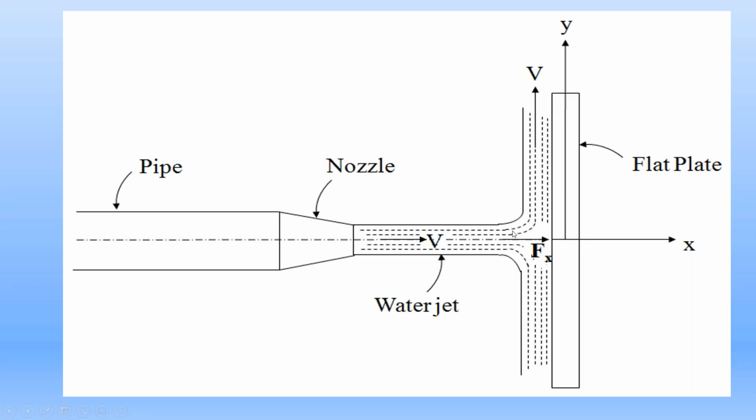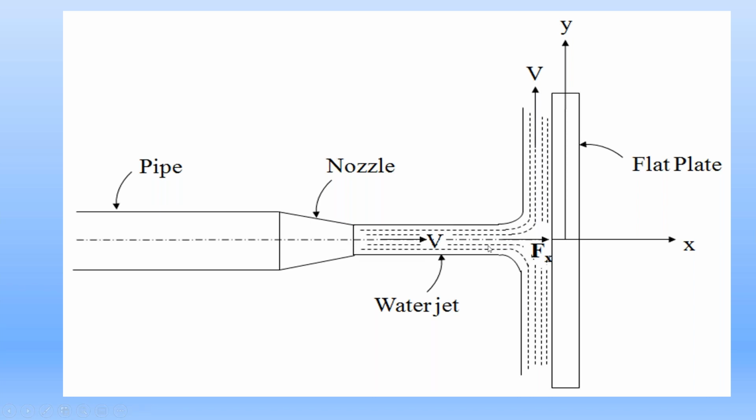So after the impact, the water jet is moving along the surface of this metal plate in the vertical direction with the same velocity v. But that velocity v is in the vertical direction. So follow the movement of the water jet. The water jet is coming out from the nozzle.